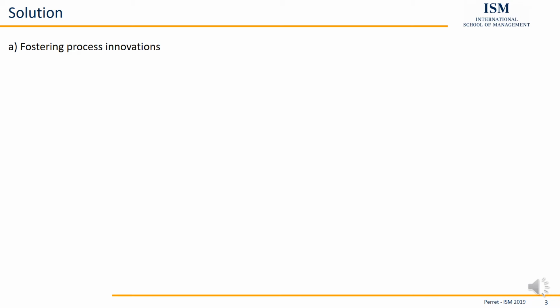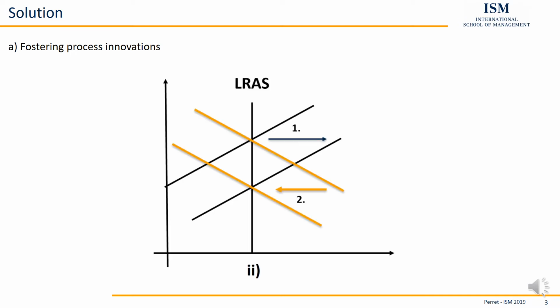Well, process innovations mean that our stock of knowledge increases. So via the production function, we actually have a positive effect. The production function, however, is represented via the AS curve. So here, the first part is a rightward shift in the AS curve due to the fact that the stock of knowledge increases.